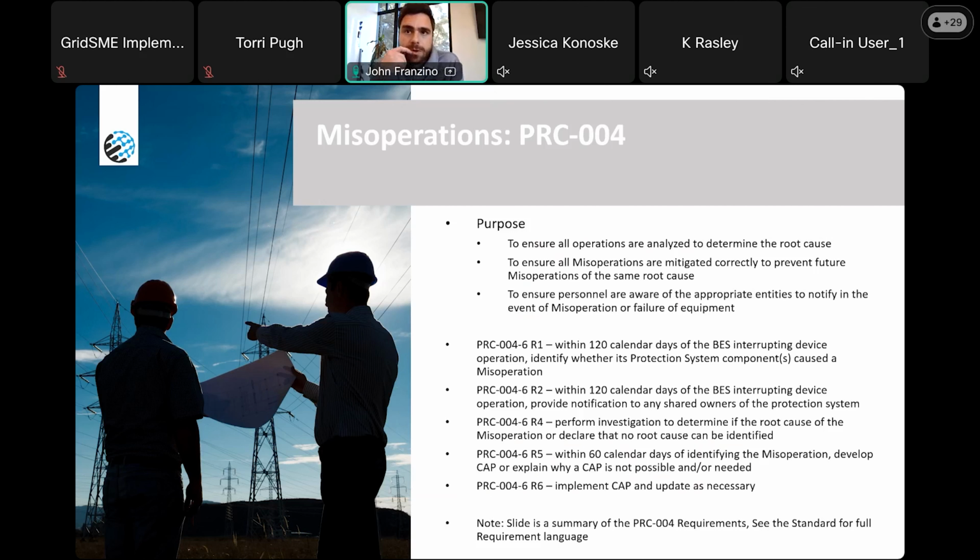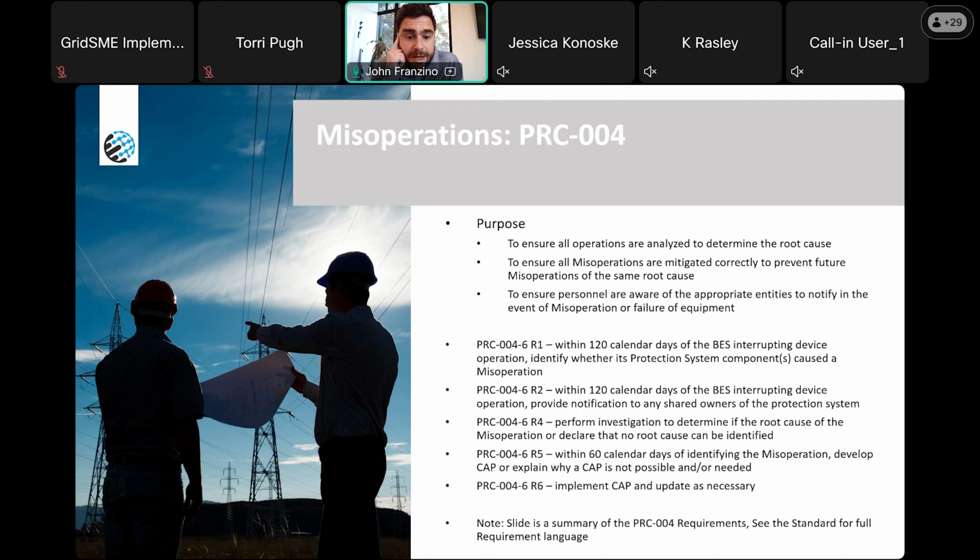So you have 120 days following a protection system operation to identify whether or not it was a quote unquote misoperation. You have to notify associated parties about that within 120 days as well.